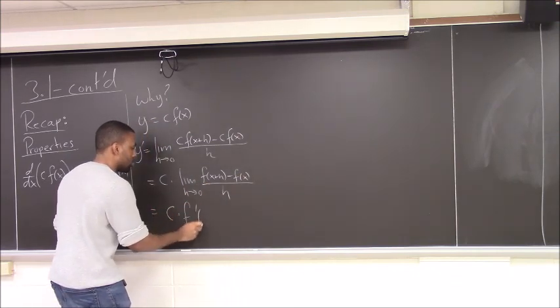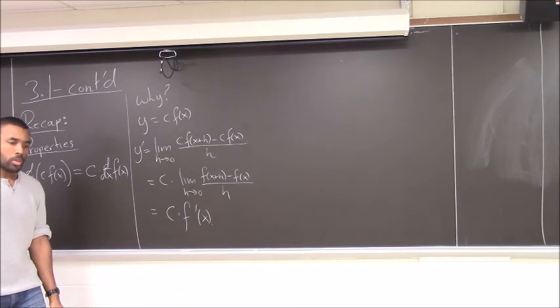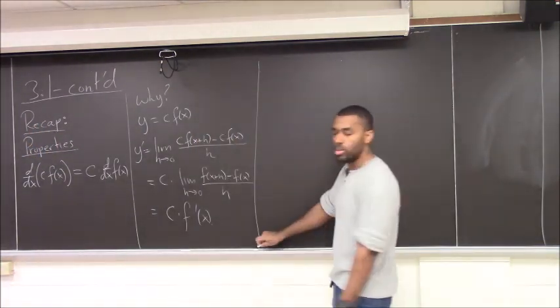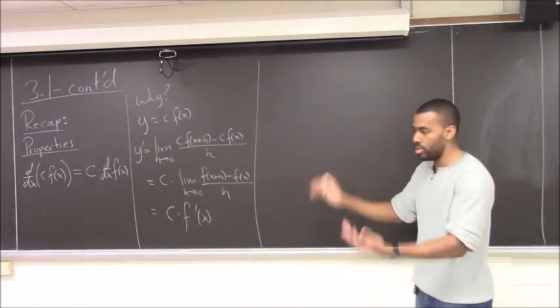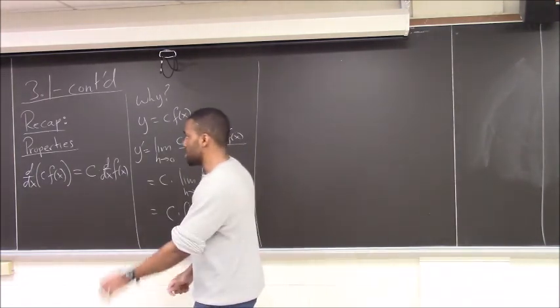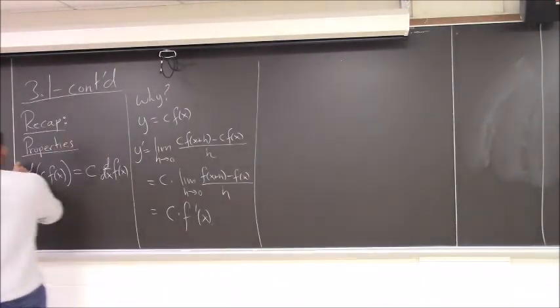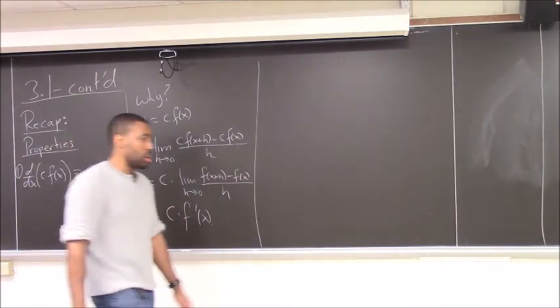So that's c times f prime of x. So a constant factor is never really a big deal when we're doing derivatives. You can just always factor them out and just differentiate them. That's going to help us do a lot of nice problems. So that was one property that's going to make our lives easier.